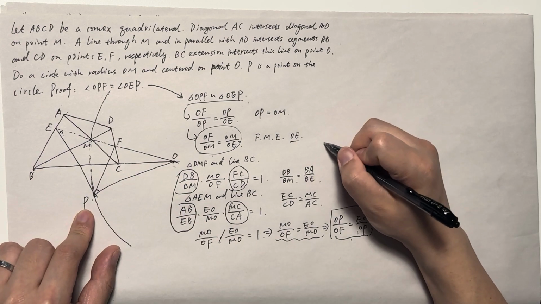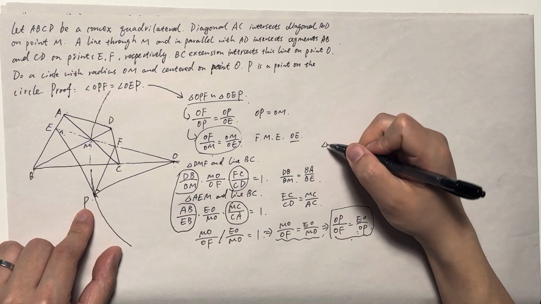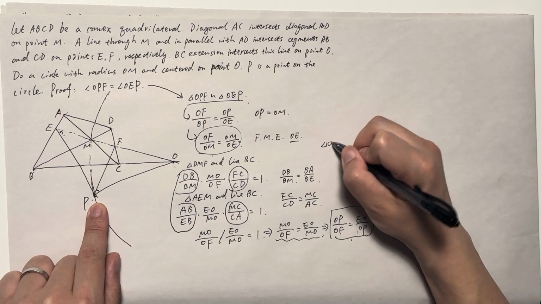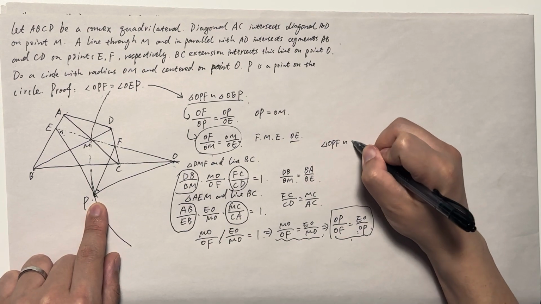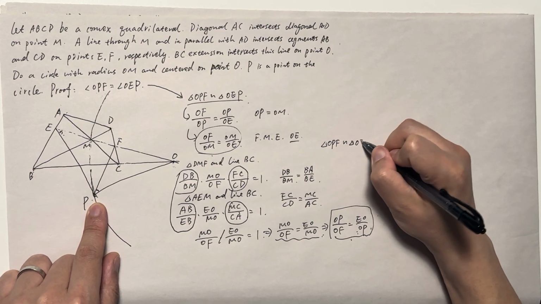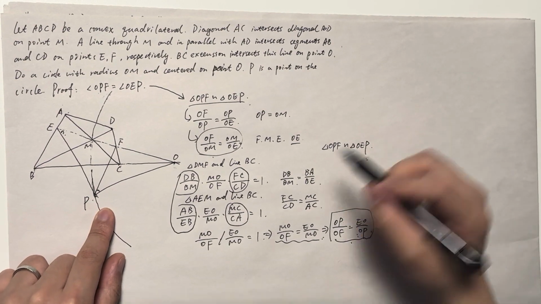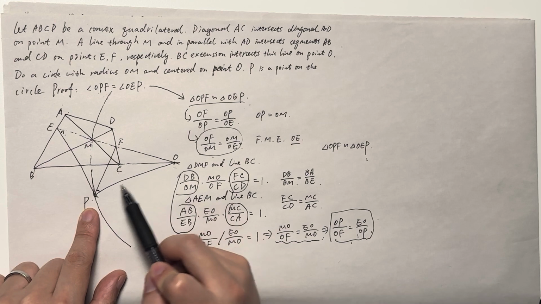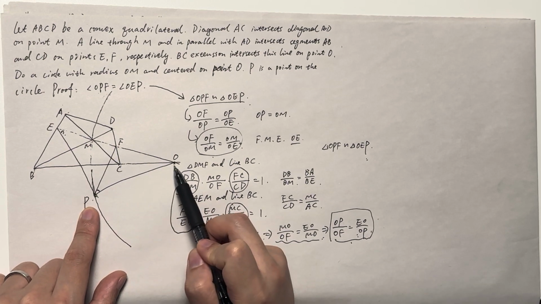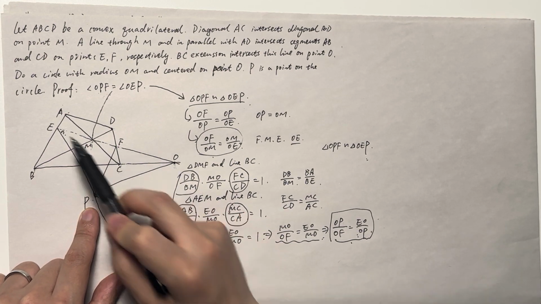So we prove that triangle OPF is similar to triangle OEP. And because of this, we know that angle OPF always equals angle OEP.